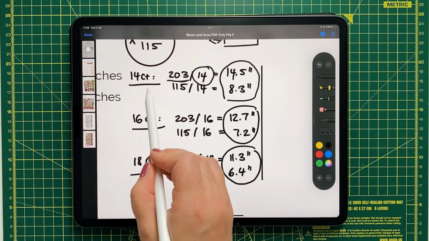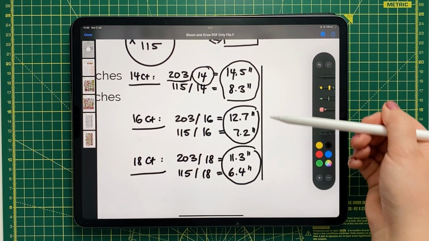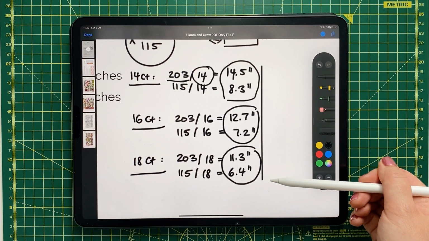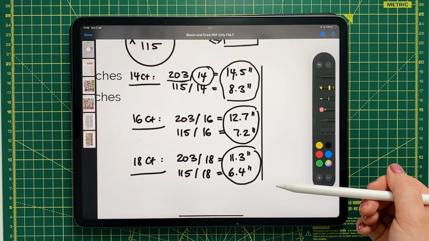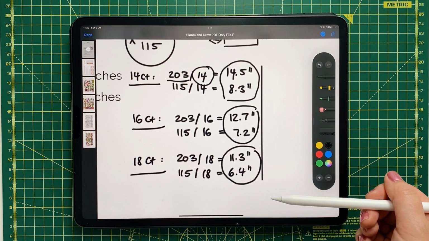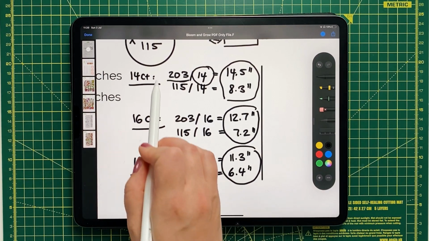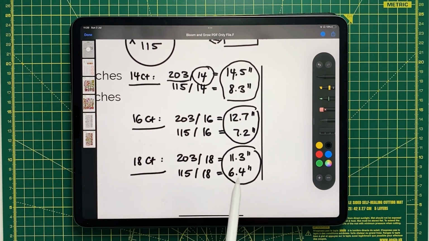So just by changing the count, we are also changing the resulting size of the project, which is sometimes handy. And maybe if you're looking for a specific size of a project for a specific place on your wall, sometimes playing around with different counts can help you find that perfect size of your project.